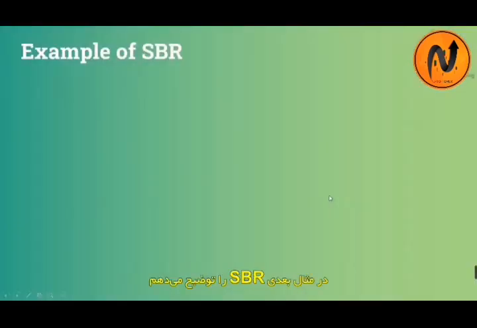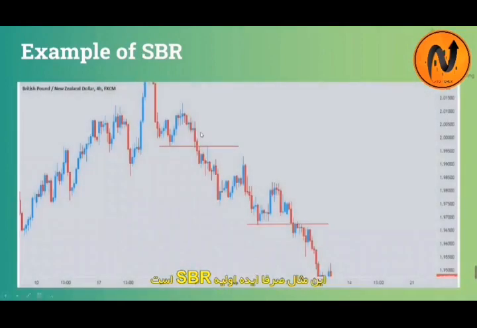So next, we're going to show you what is a support become resistance, the SBR. So here is the rough idea. The support becomes resistance. So this is British pound, New Zealand dollar, correct? So the price breaks, and then when it comes back to this area again, it will bounce.